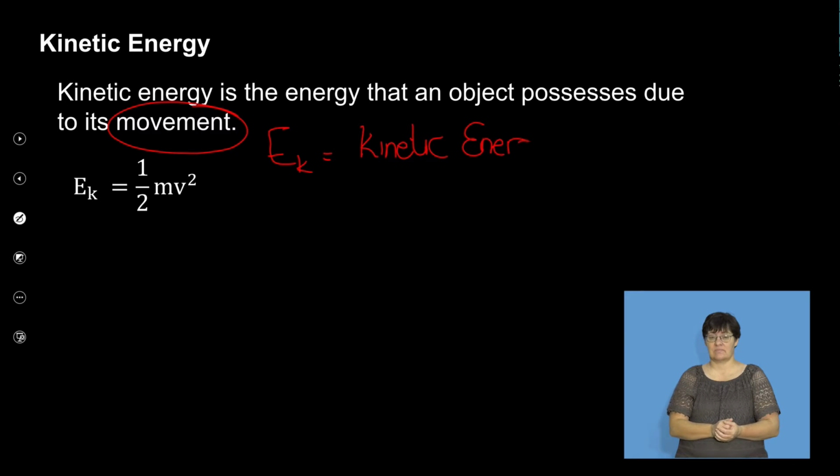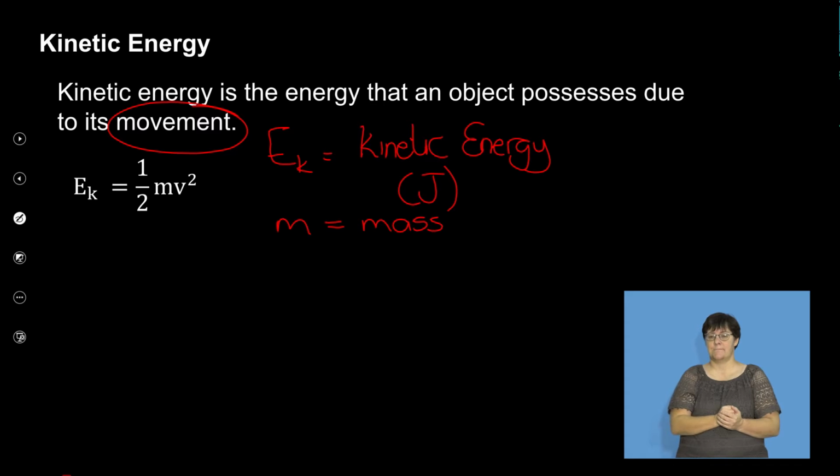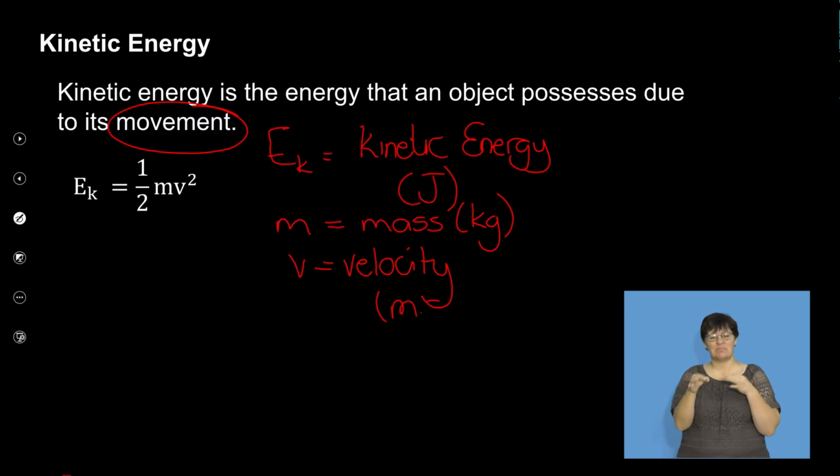Again, it's measured in joules. Half is a half, it's a constant. M is mass, again measured in kilograms. And V is velocity. Sometimes they're going to describe that as speed. It's the motion, it's in meters per second.